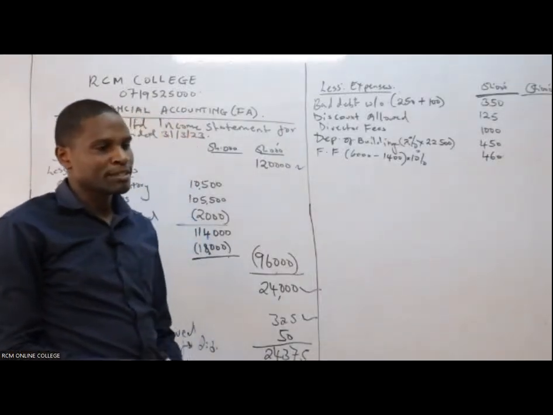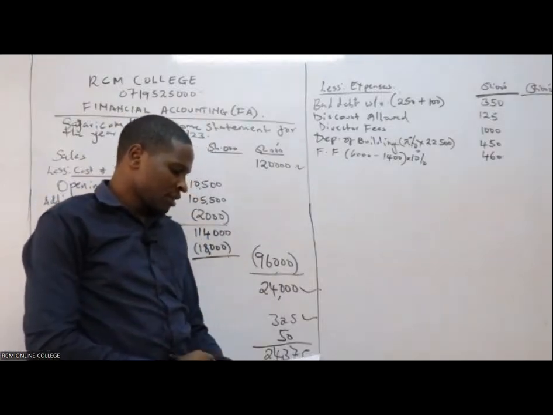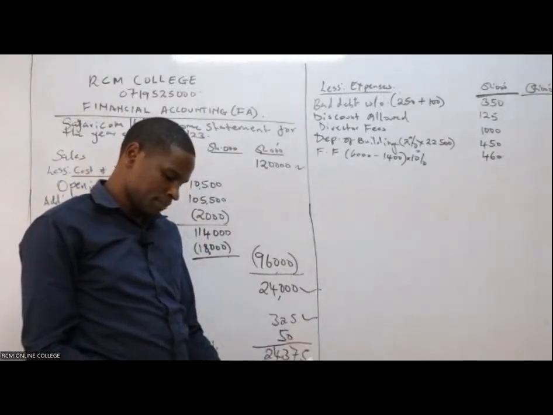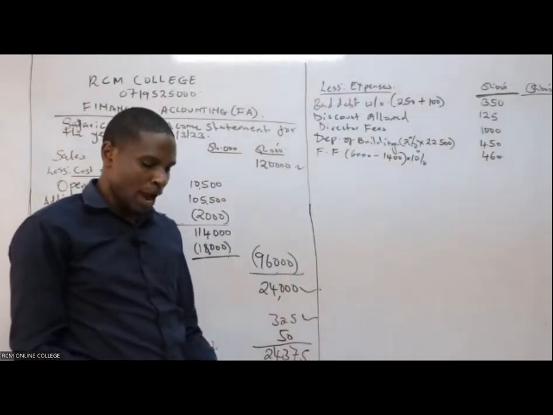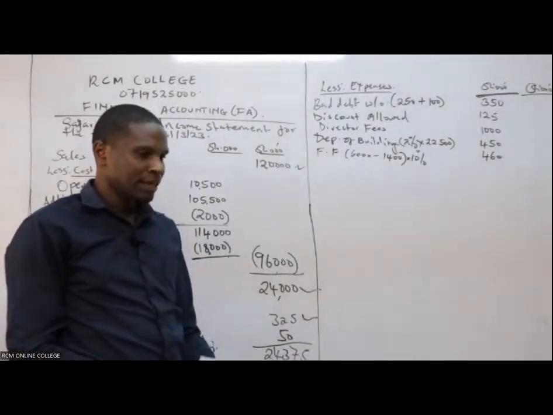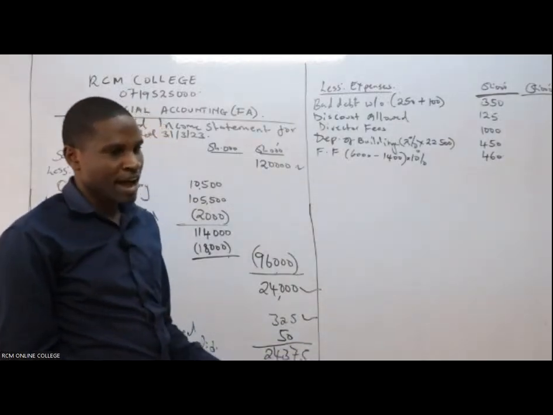Our administrative expenses accrued amounted to 175, while prepaid selling and distribution expenses amounted to 75.